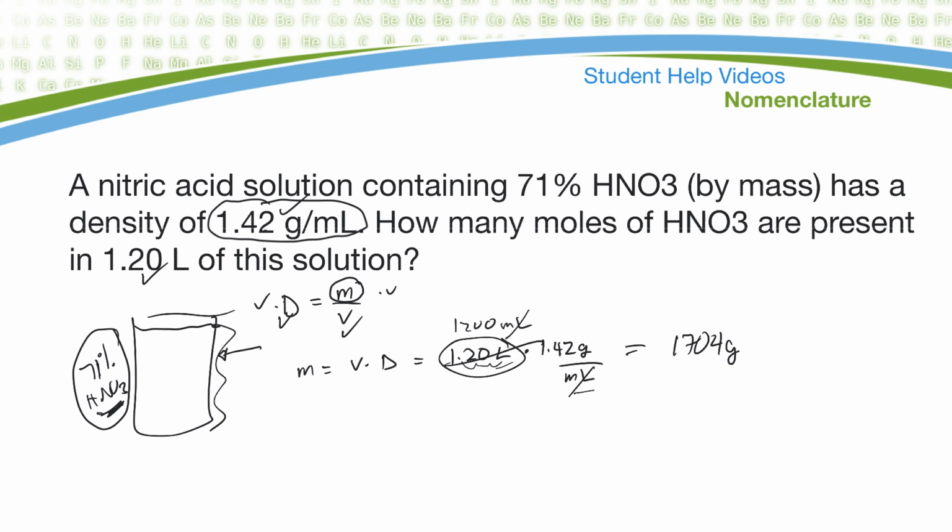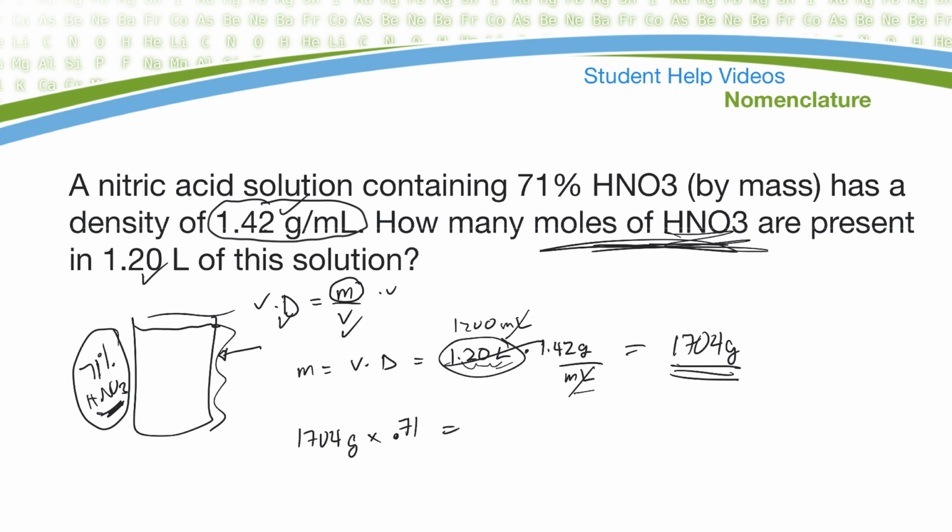But part of it is a solvent, but the part I'm interested in is this nitric acid. And so 71% of this is nitric acid, and that's how much I'm wanting to know how many moles of that stuff are there. So what I can do is take the 1704 grams and times it by 71%, or 0.71.